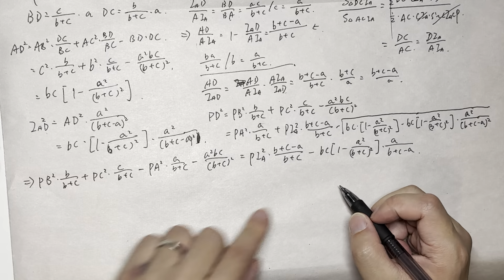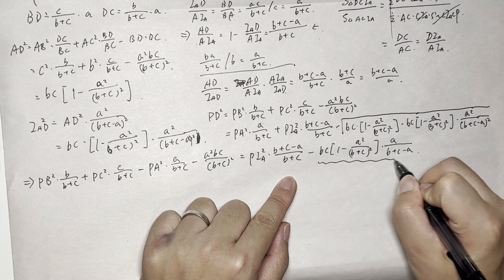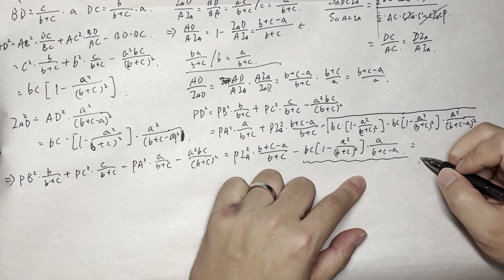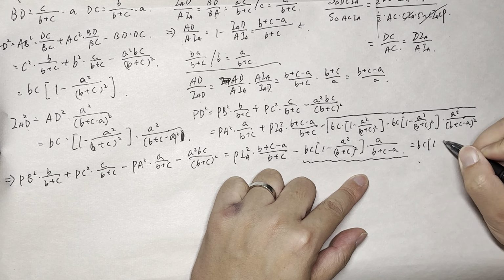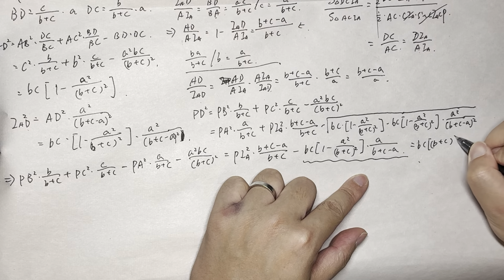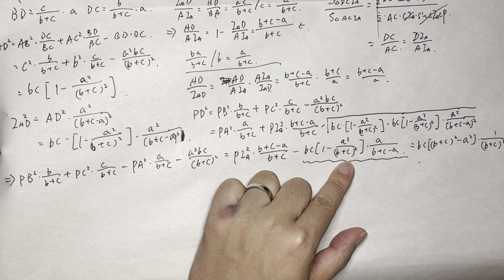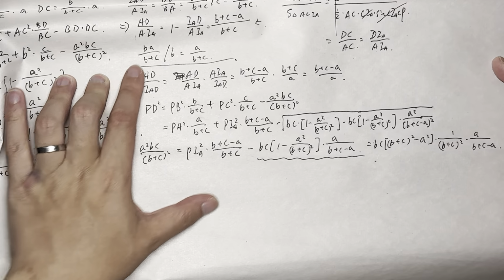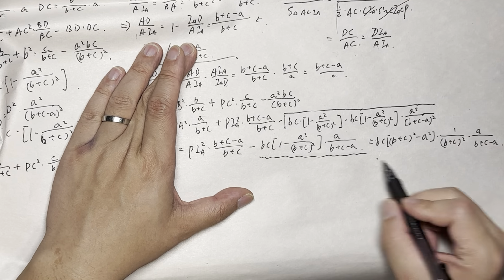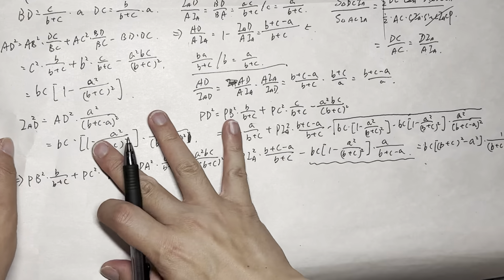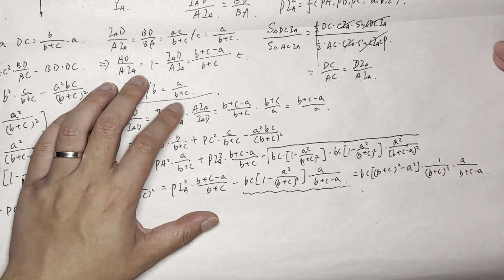And let's just simplify this first. This term equals BC times B plus C square minus A square times 1 over B plus C square times A to B plus C minus A, right? Let me just move this.